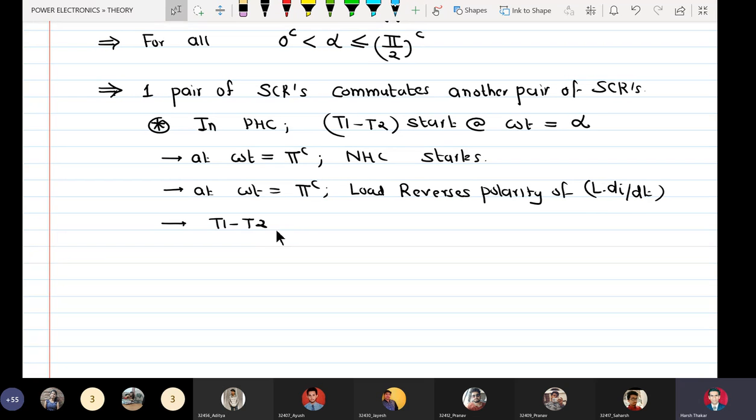T1, T2 continue to conduct beyond omega t equal to pi radians.